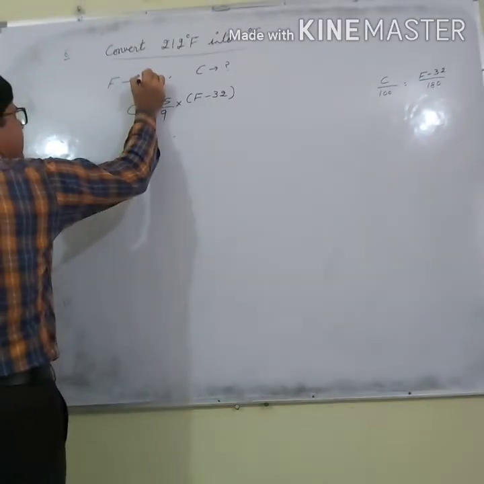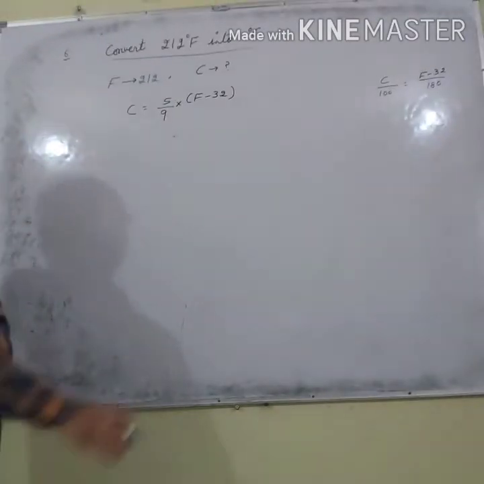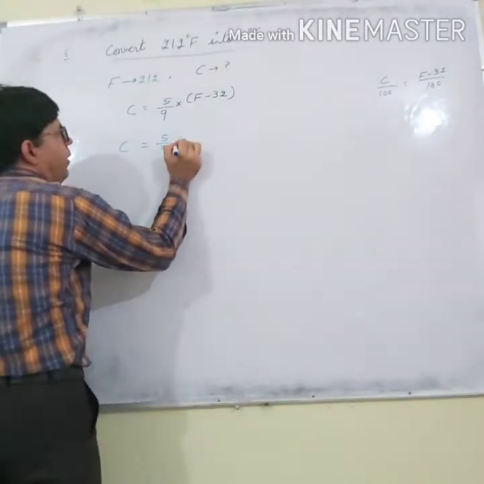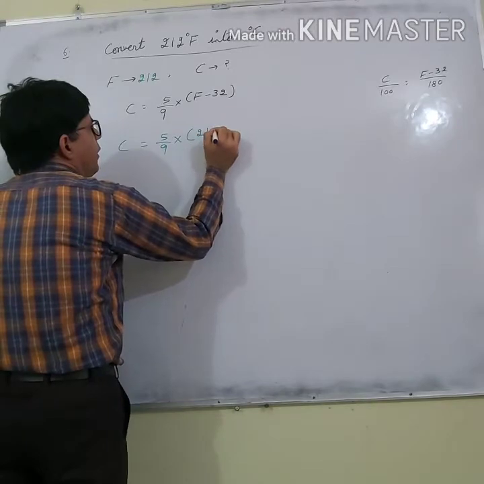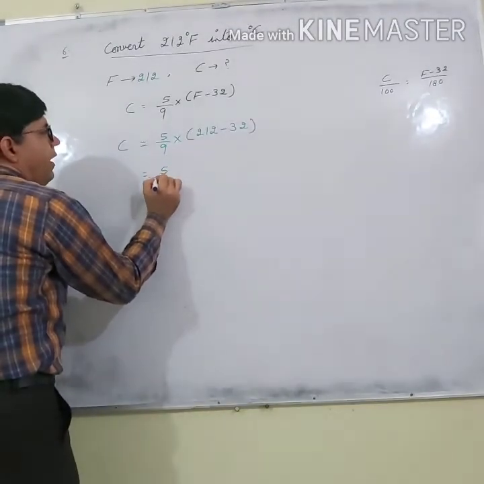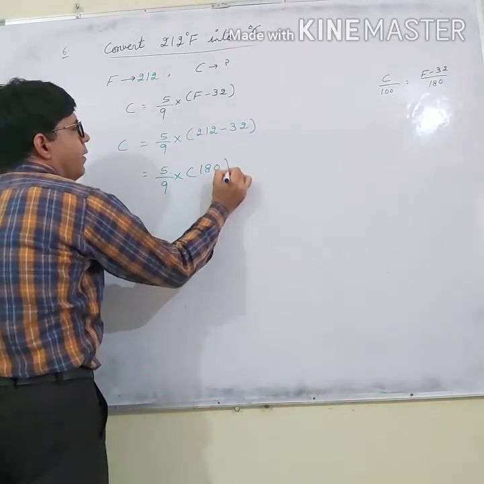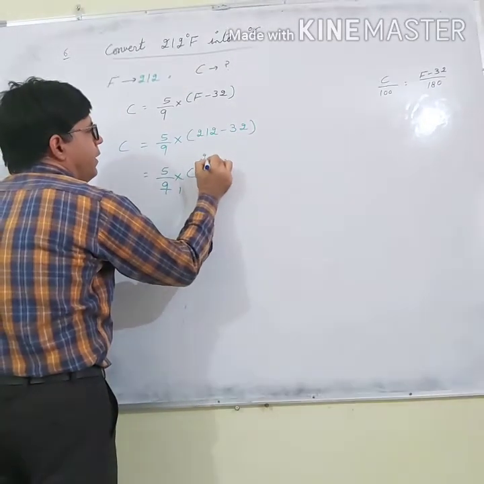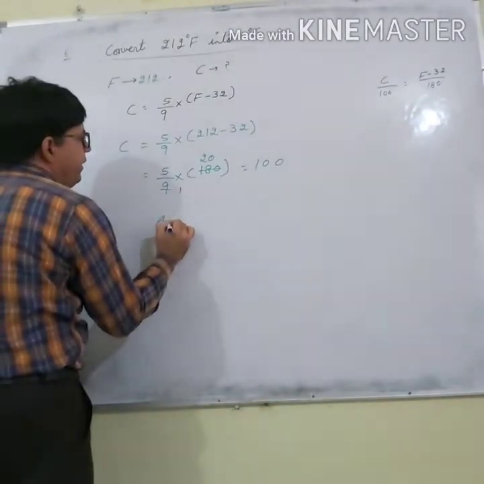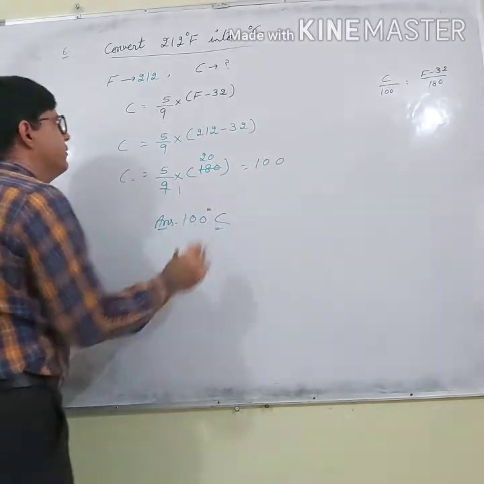It is given 212. Now put in this formula. C equals 5 by 9 multiplied by 212 minus 32. So here 5 by 9, if you solve this, 180, and it's going 20, so it is 100. So what is the answer? Answer is C is 100, that is 100 degrees Celsius is the answer.